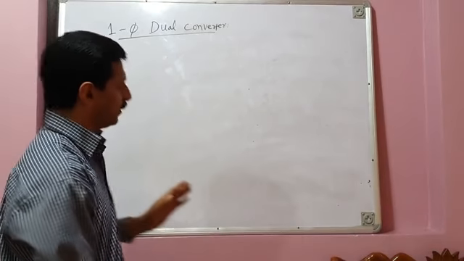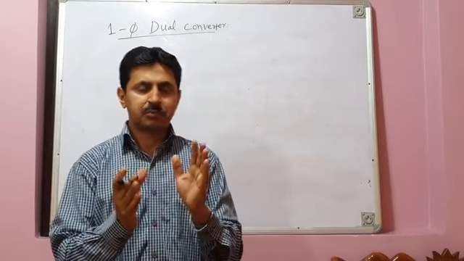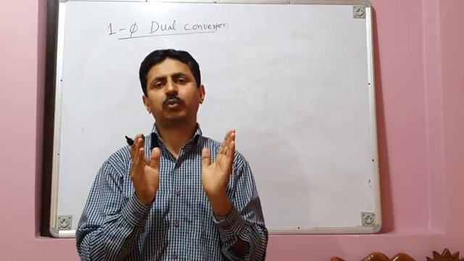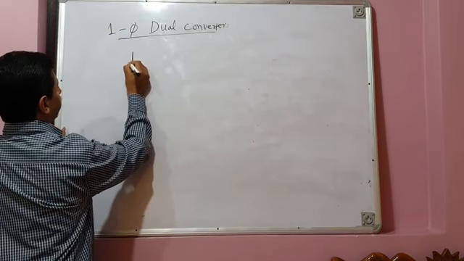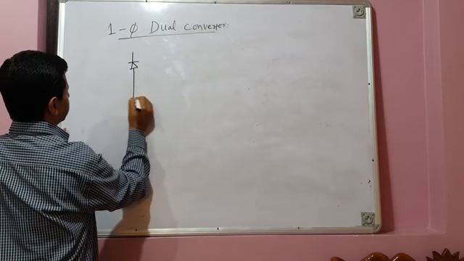A dual converter comprises two full converters which are connected back to back. Let us draw the power circuit diagram first.